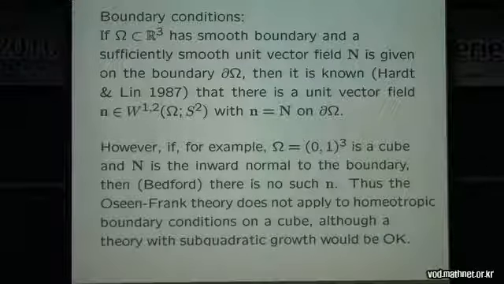So thus the Oseen-Frank theory doesn't apply to homeotropic boundary conditions on a cube. And yet that's the sort of domain which you actually use for liquid crystals. Liquid crystal cells tend to have things like that, corners. So a theory with subquadratic growth would be okay.